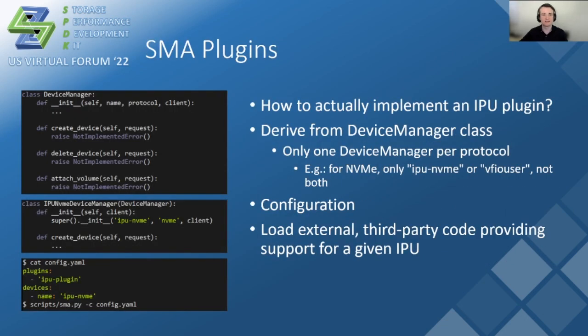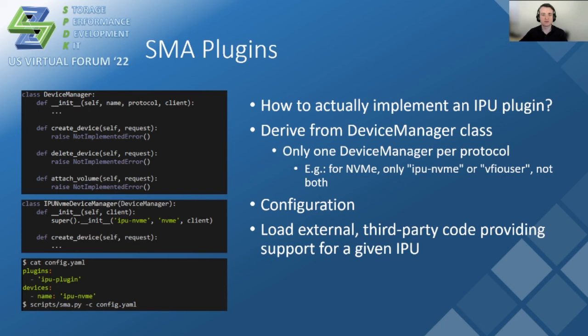Finally, let's see how to actually implement support for an IPU in SMA. So the first thing that needs to be done is to create a plugin with a class that derives from device manager. And that class needs to implement all of the necessary methods that are defined by the device manager interface.